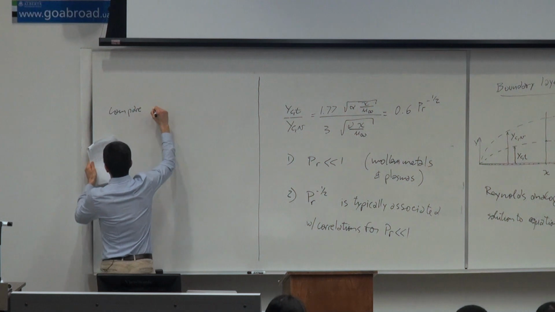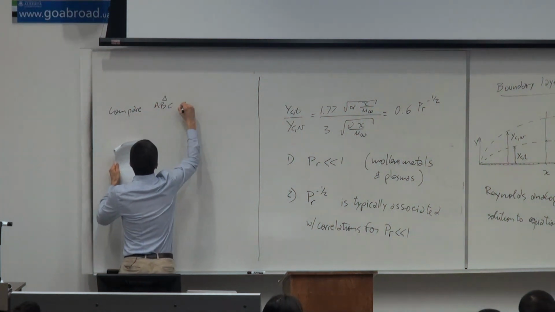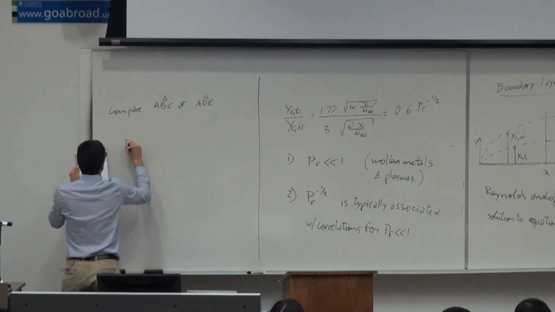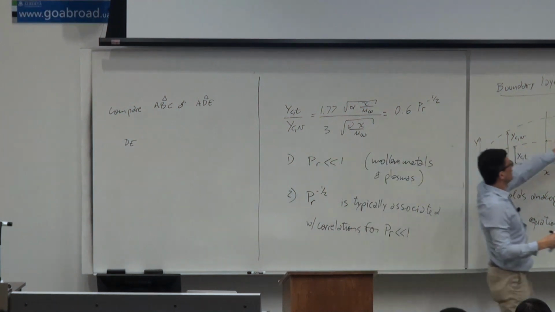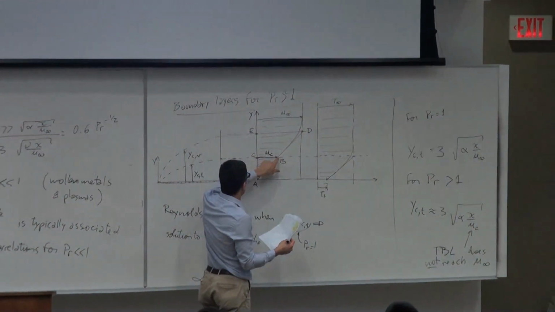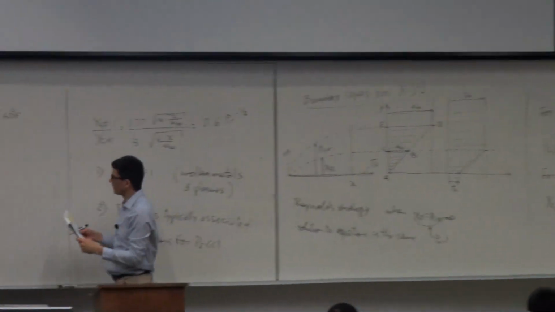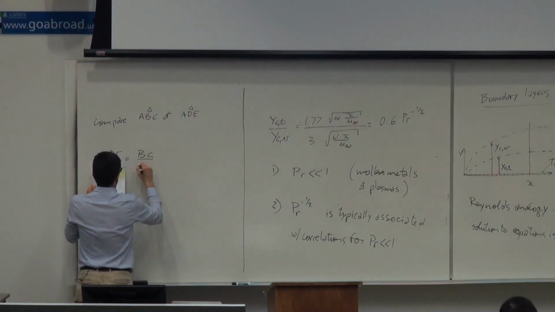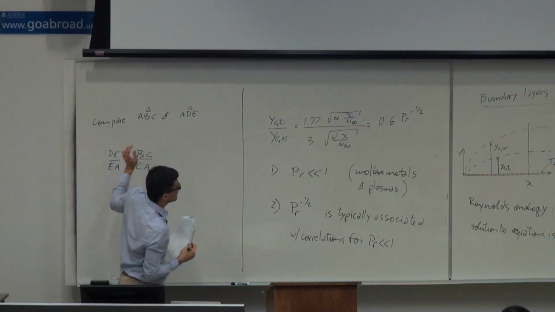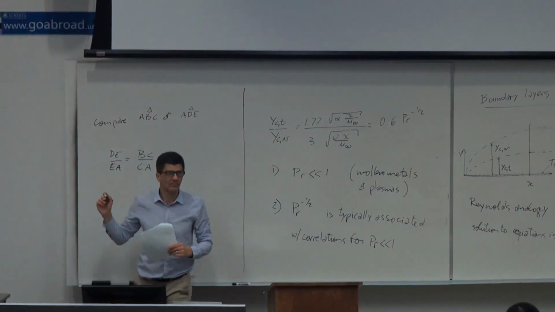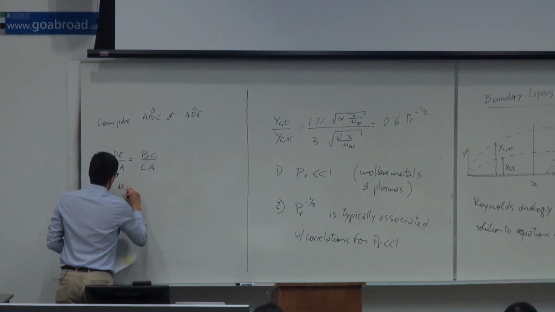Compare these similar triangles ABC and ADE, and we would have DE, this part, divided by EA, the same as this side divided by this other one. I'm going to put it in a sign. So let's see, DE. What physical magnitude is DE? U infinity, thank you. What is EA?